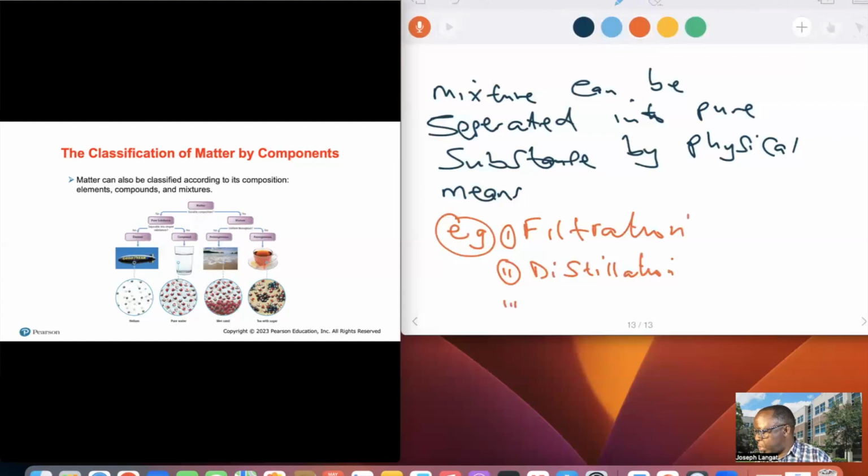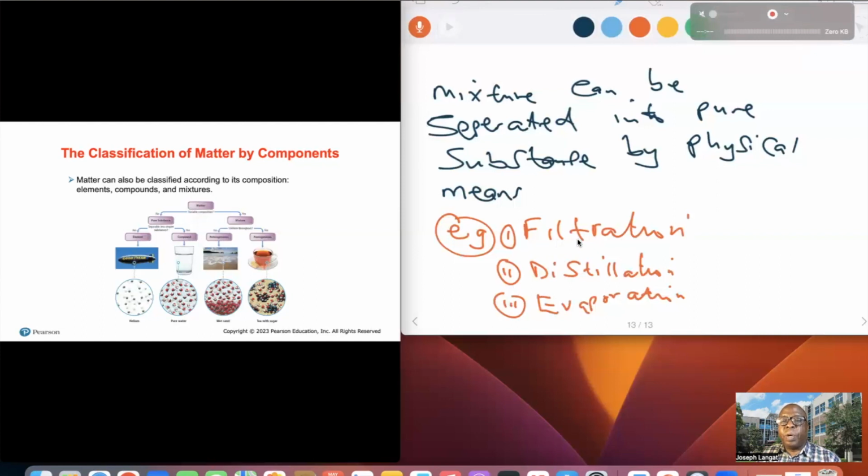Just to give you a few more, evaporation, you're familiar with evaporation. These are physical means by which mixtures can be separated. If you are taking a lab this semester, or if you took it before at UNF, there is an experiment on separation of components of a mixture. You will have hands-on experience on filtration, like vacuum filtration, and even evaporation.